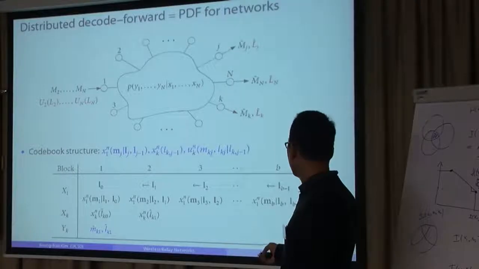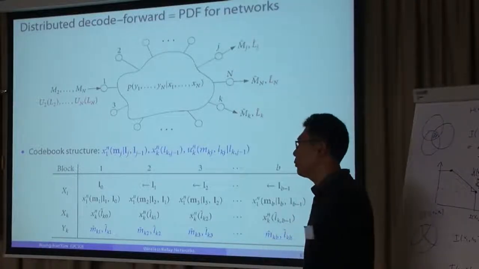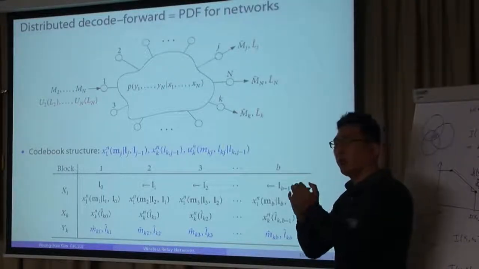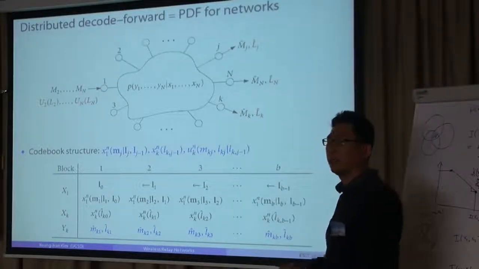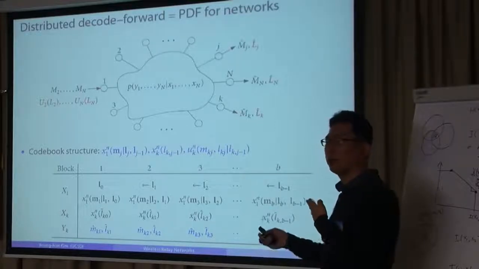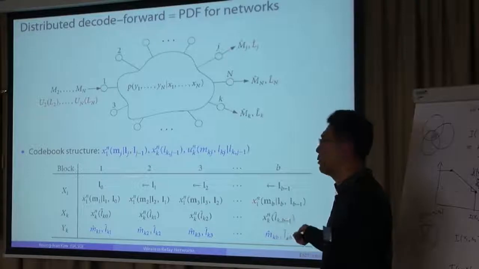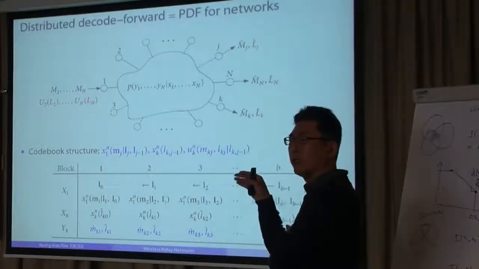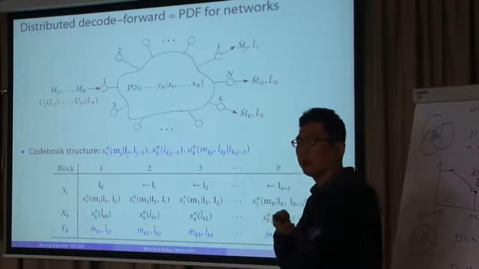Then in the next block, we transmit that L index and keep going on. So this is again doing the decoding at the relay because we are finding some digital index at the relay. But that index is related to part of the messages in a very implicit manner, which is guaranteed by the pre-coding stage at the sender. When you specialize this to the simple relay channel, we actually recover the partial decode forward result.